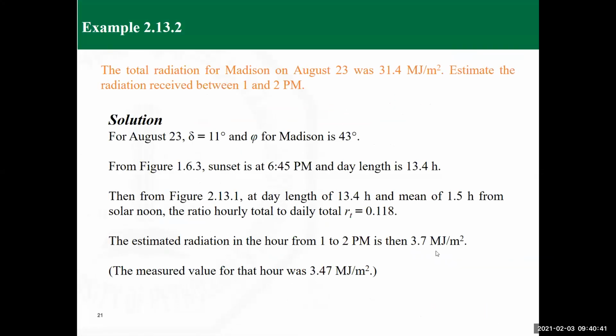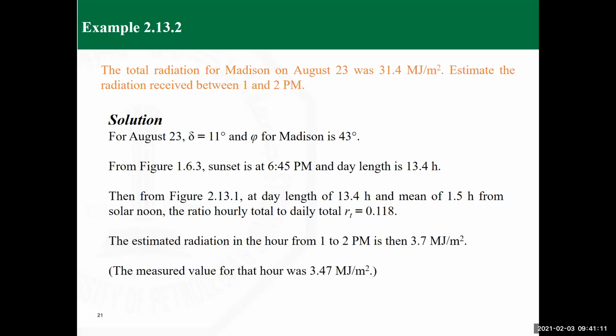Another example: the total radiation for Madison on August 23 was 31.4. Estimate the radiation received between 1 and 2 p.m. So it's the same thing. We're looking between 1 and 2 p.m., which means that the deviation from solar noon is 1.5. Then we're talking about Madison, where the latitude angle is 43.